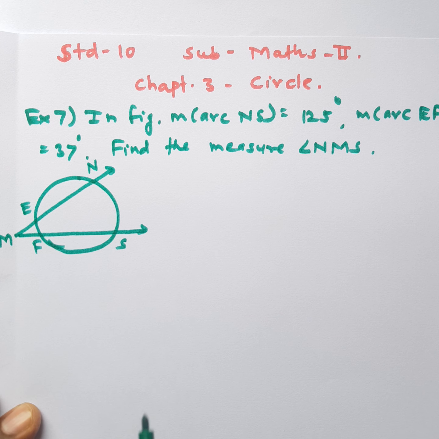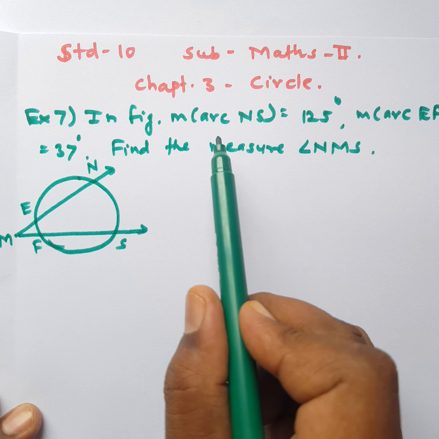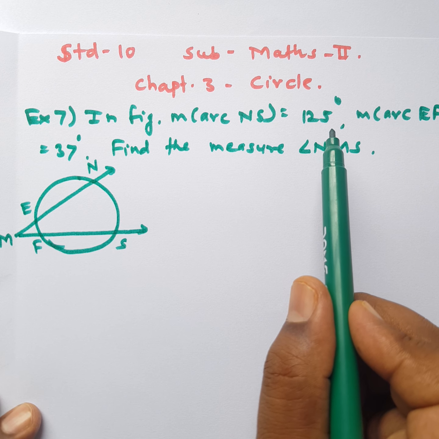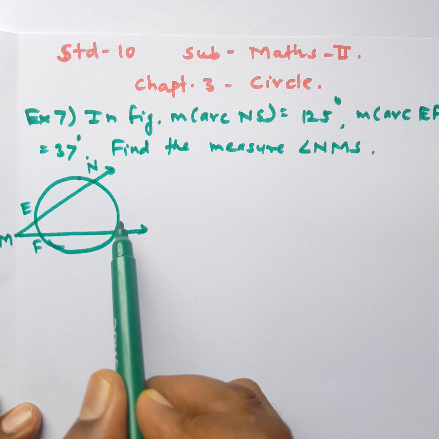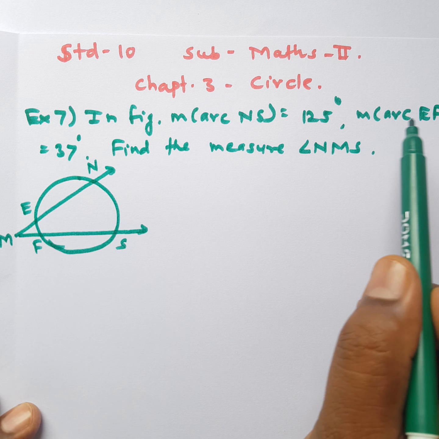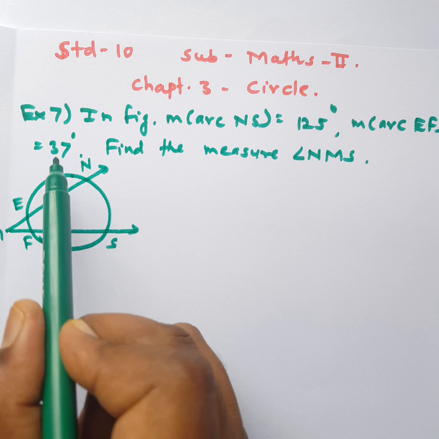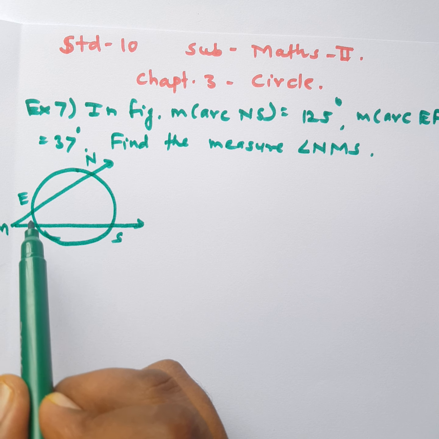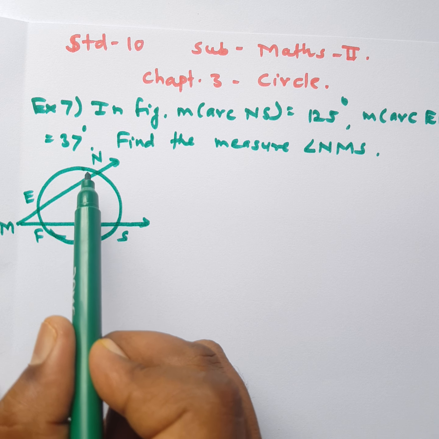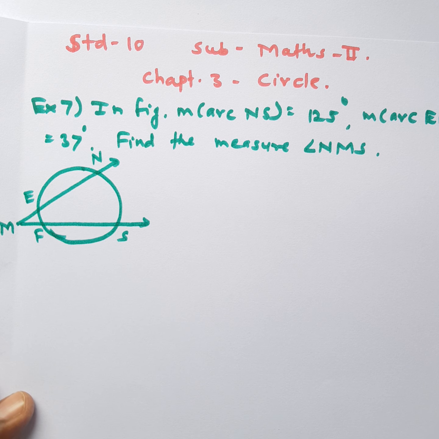See the example. In the figure, measure of arc NS is equal to 125 degrees, measure of arc EF is 37 degrees, and we have to find the measure of angle NMS.